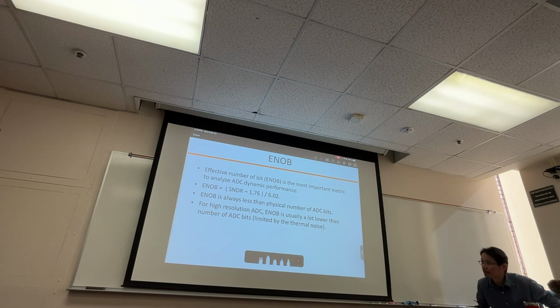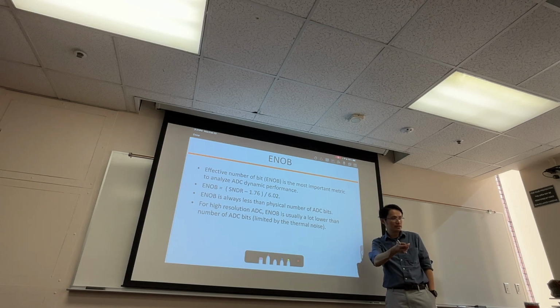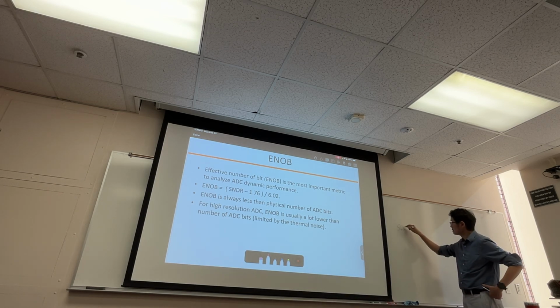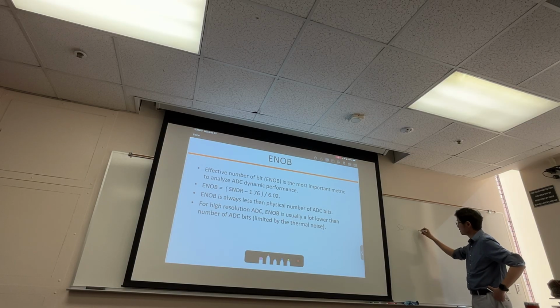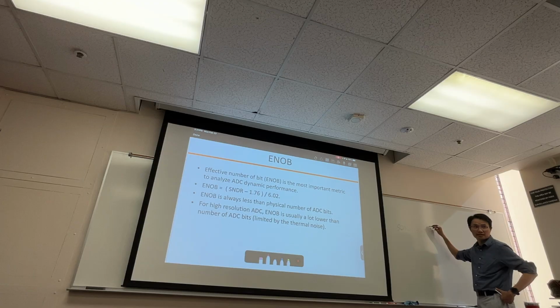So what do they mean? You remember the SQNR equation? What is the SQNR equation? It's 6.02 times the number of bits plus 1.76.